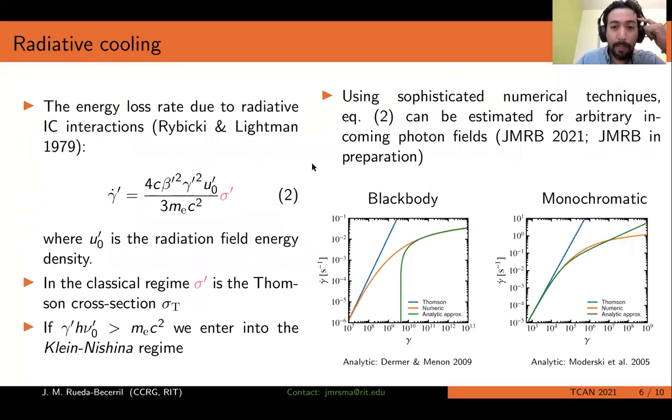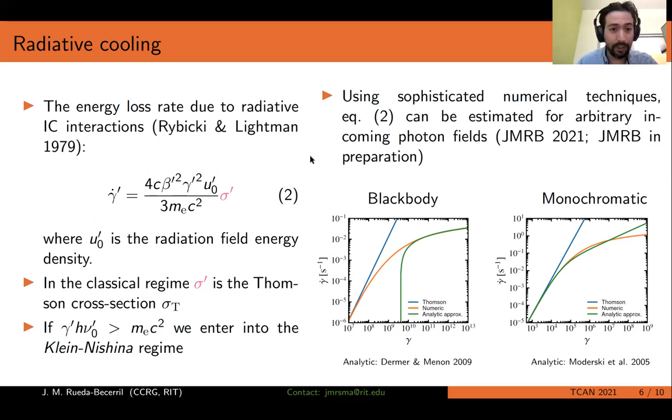Okay, so one of the main motivations for continuing to develop this code was this interaction between photons and particles, mainly how the photons extract the energy from our distribution of particles through the inverse Compton.